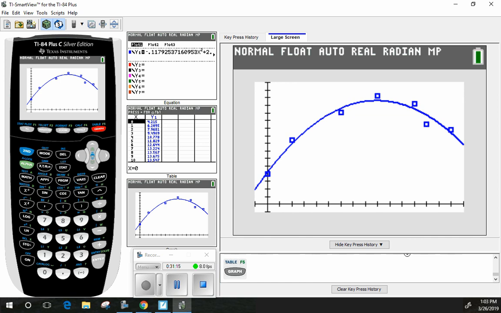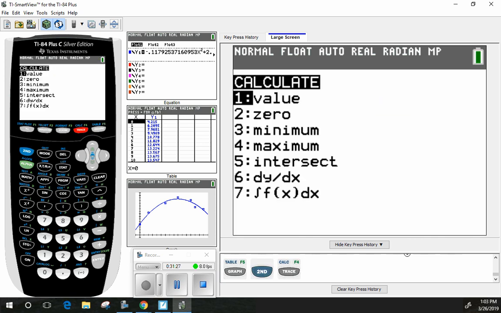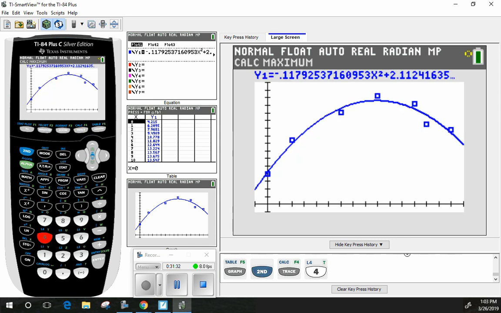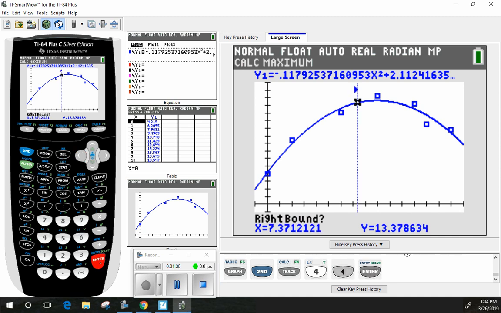Okay, and then we want to know, based on the model, that's our connected line here, what was the max height? So we'll do the vertex for this. Let's go second trace. Let's find that max like we did before. We want to be a little bit to the left of it, so we're good here. Okay, make a boundary.